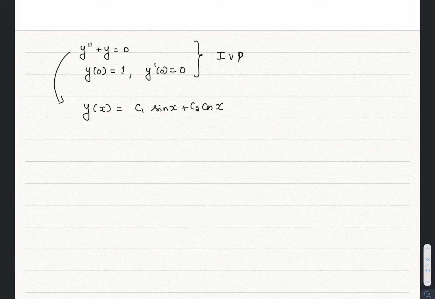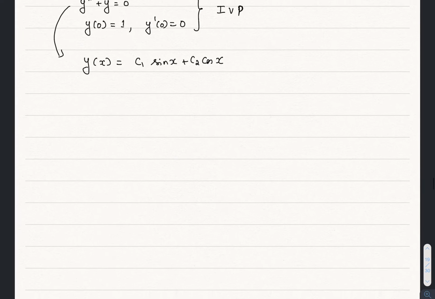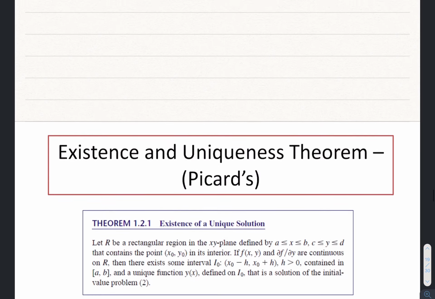Now find the second derivative, plug in the information that y of 0 is equal to 1, find the derivative, and plug in y prime of 0 equal to 0. Figure out c1 and c2, and that's your exercise for you. And that's pretty much the basic initial value problems right there.